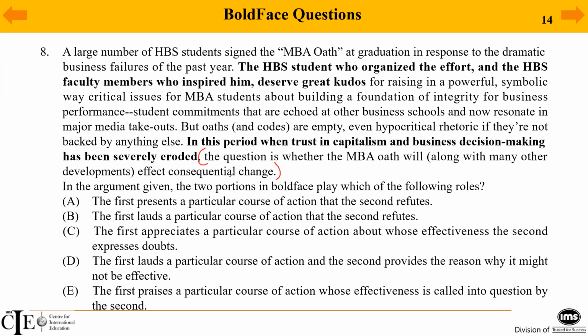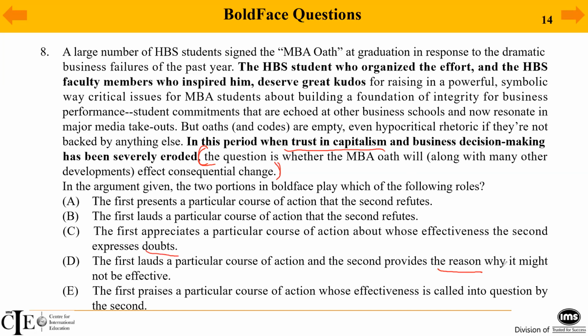So why that doubt is expressed, that you can see in this second boldface. So the second boldface is actually the reason why the doubts arise. But that itself is not the doubt. So "the second expresses doubts" is wrong, because the doubt is expressed in this part, not in this part.